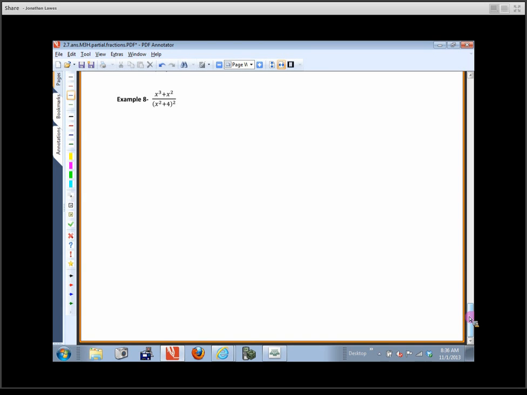I'm going to pick on somebody in just a second to take a guess at what this is. How many parts? Logan, how many parts? 2 parts. Logan is correct. 2 parts.